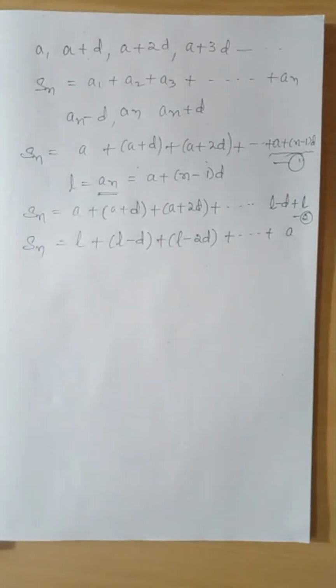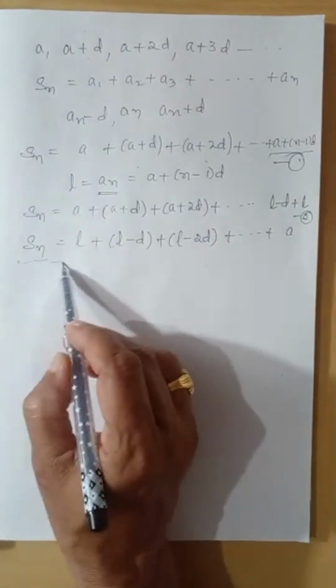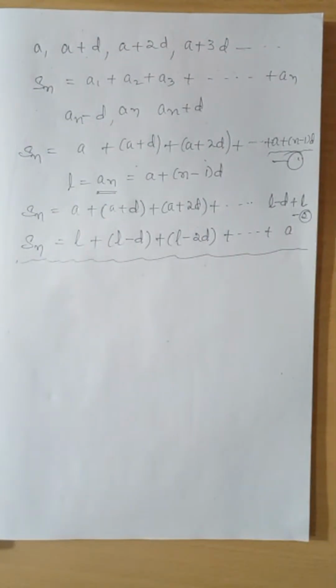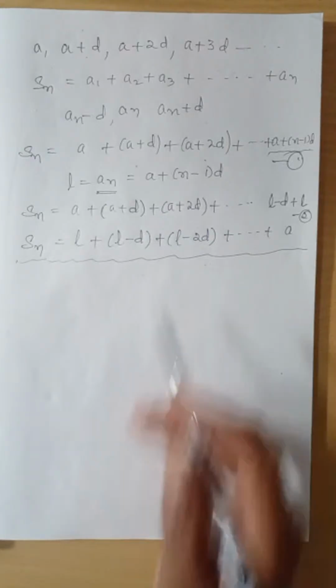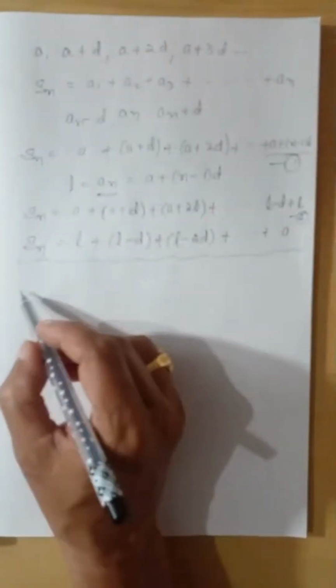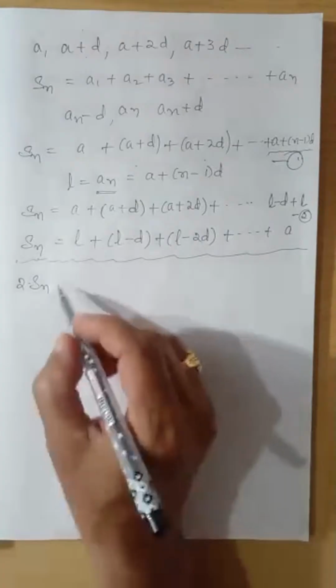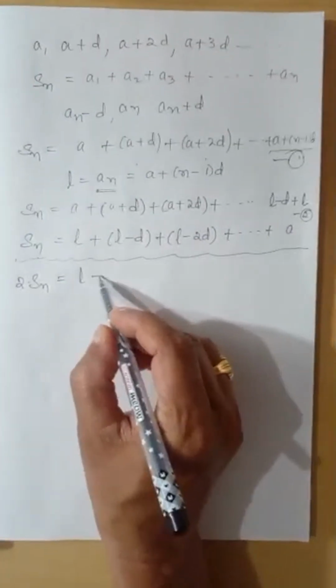Now I want to add these two equations, as we did to develop the relation for natural numbers. Here Sn plus Sn becomes 2 times Sn, equal to l plus a. Plus d minus d cancel. Adding a and l, we get a plus l, since unlike terms cannot be added.